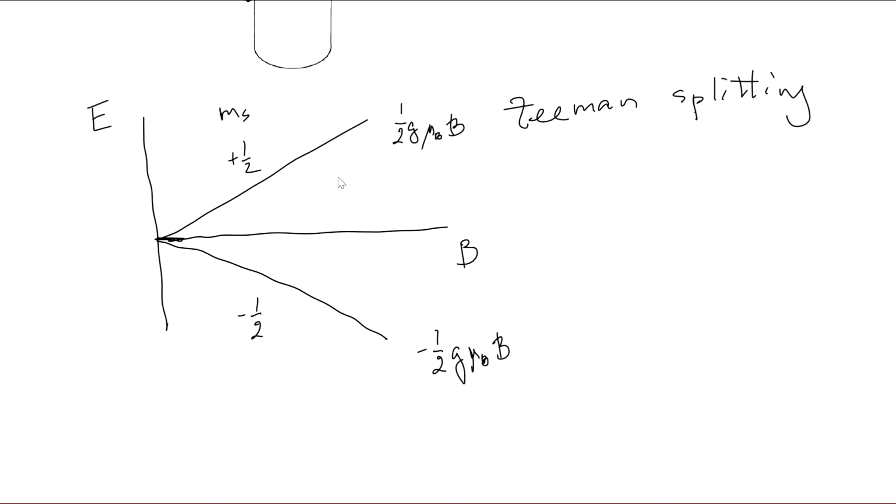So they split, and what happens is that we have the transition between these two levels, and this delta E is equal to the difference between the two, g Bohr magneton B. And if we shine microwaves at that particular delta E, if that is equal to h bar omega, and omega is the frequency of our microwaves, then we should see absorption in the material.